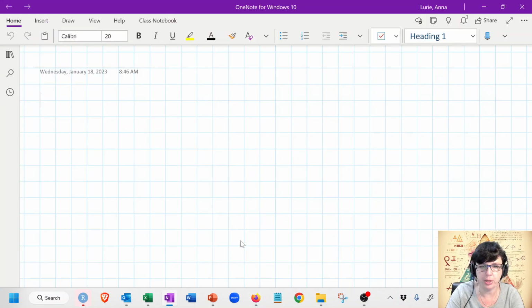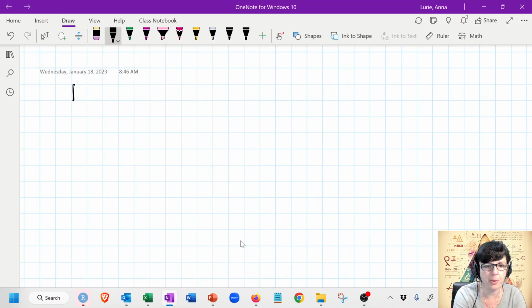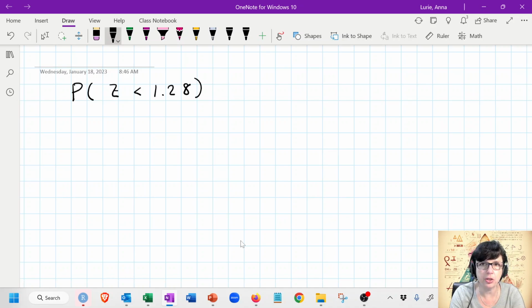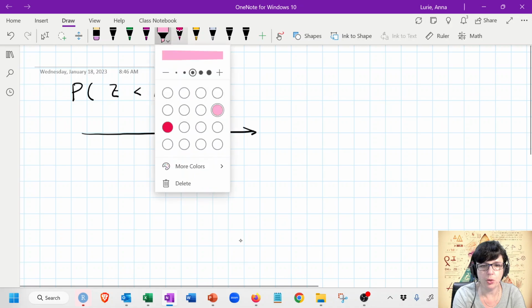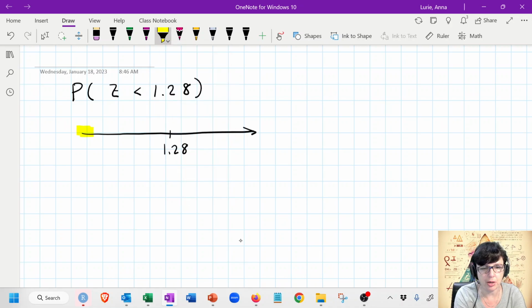Now you have to understand something. If you have the probability of being less than 1.28, how does that look in interval notation? From algebra, let's just say that's the real line, right? So 1.28 is somewhere over here. You're talking about less than that, so you are looking for an interval that would start somewhere over here and go all the way to 1.28.